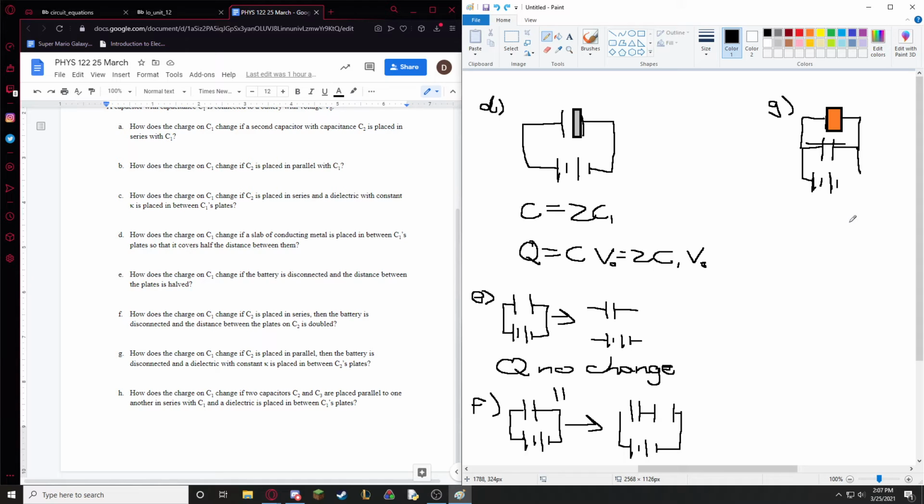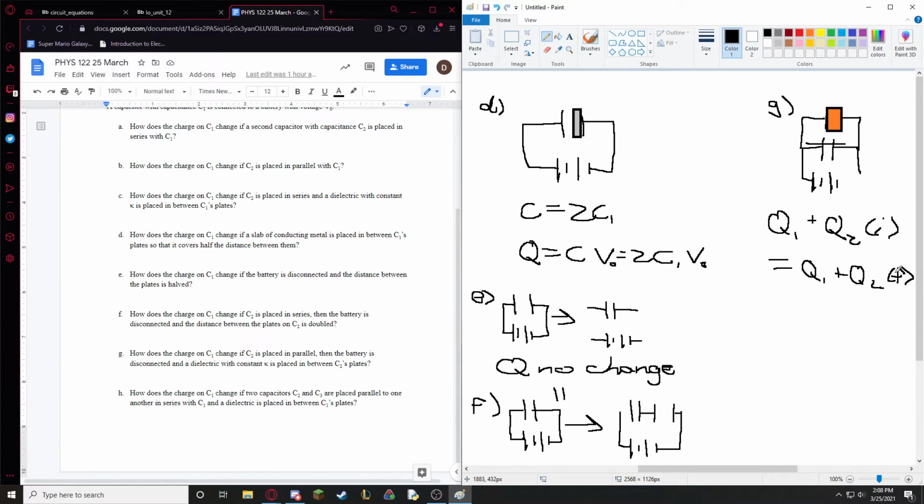Sorry, that's what I meant. So we know that our charge Q1 plus our charge Q2 initially is going to be the same as the total final charge. Q1 plus Q2, initial, final.